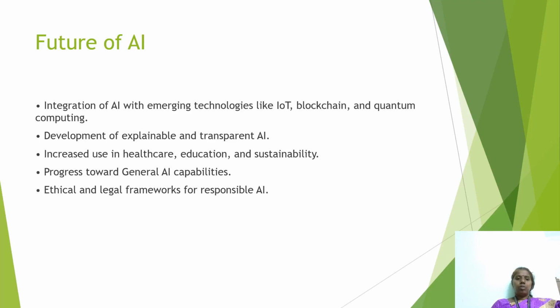And the next one, development of explainable or transparent AI. Increased use in healthcare, education, and sustainability. Then progress toward general AI capabilities. Finally, ethical and legal frameworks for responsible AI.